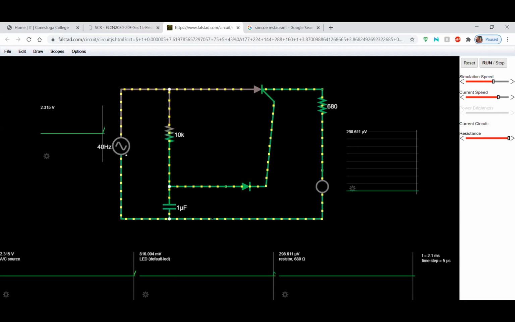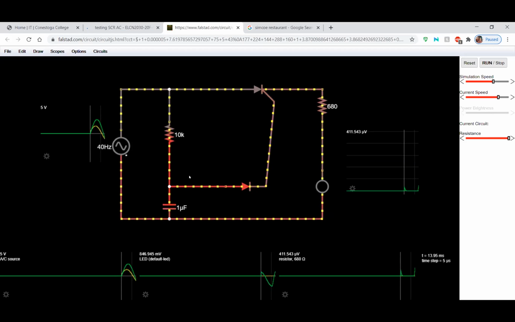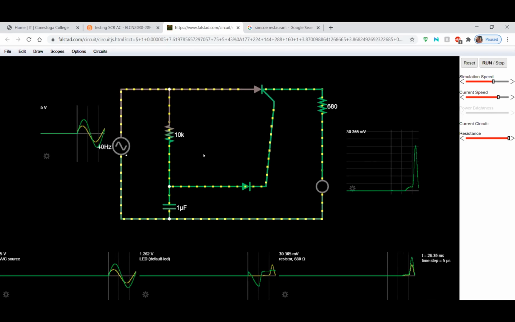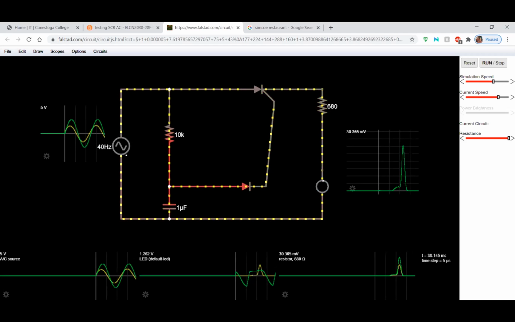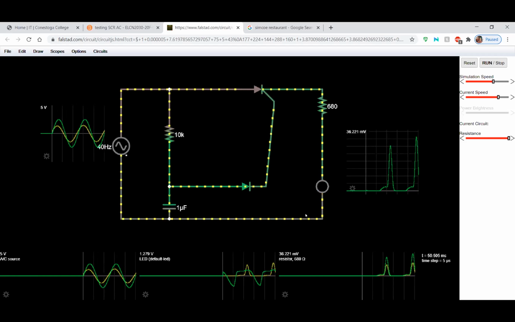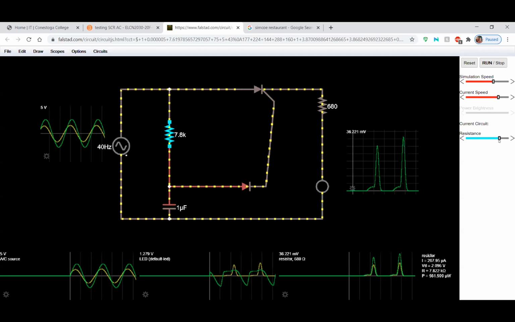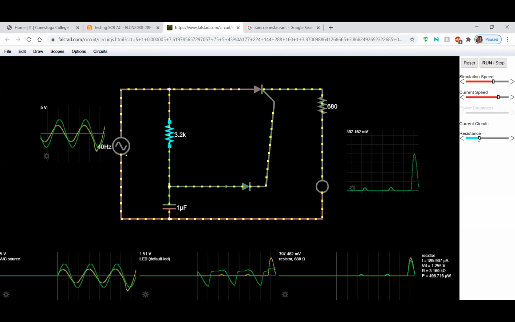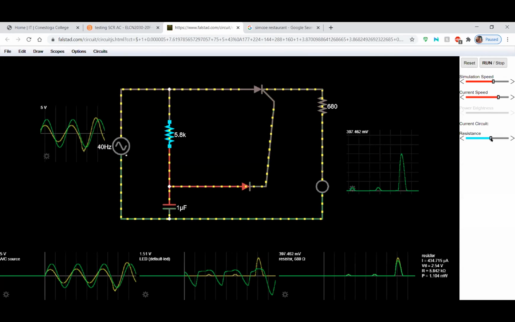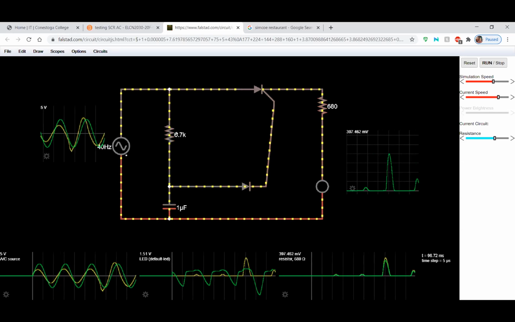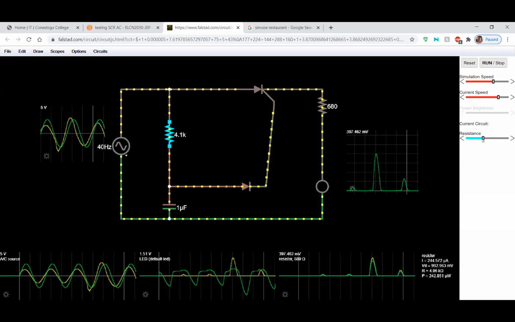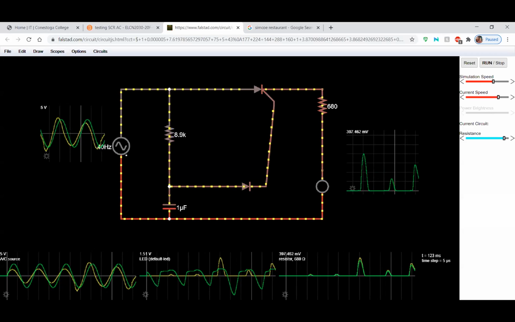And these are the simulations that you will actually do in the shop of an SCR being used for phase shifting. And by controlling my variable resistor right here, I am able to control my output voltage on the SCR.